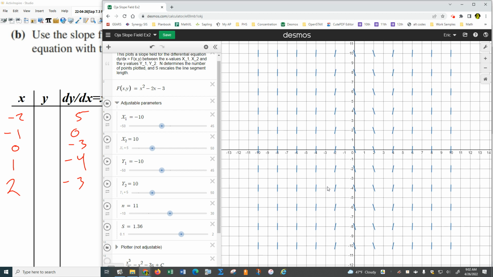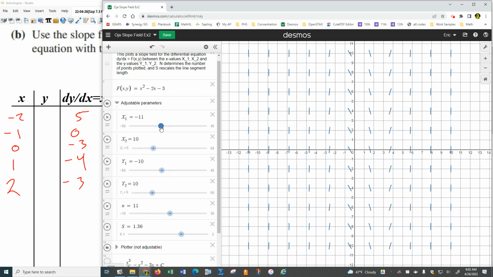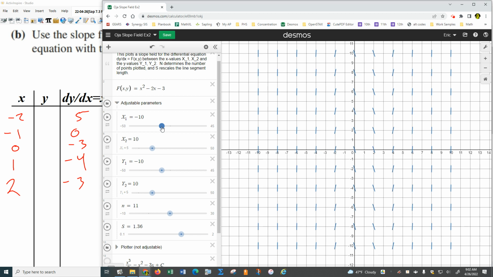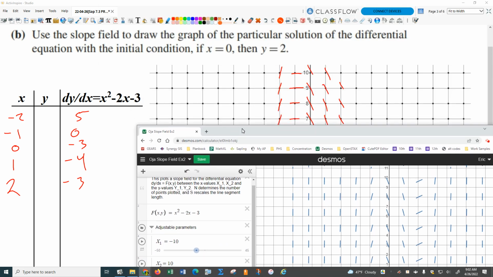So there's that slope field, right? I must have made a mistake there. Did I put a different, is that the wrong equation?